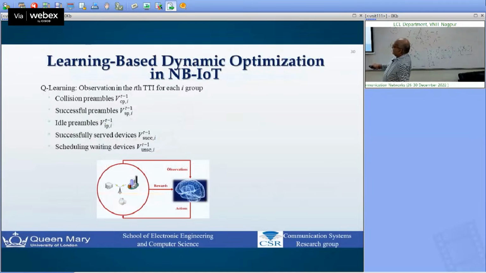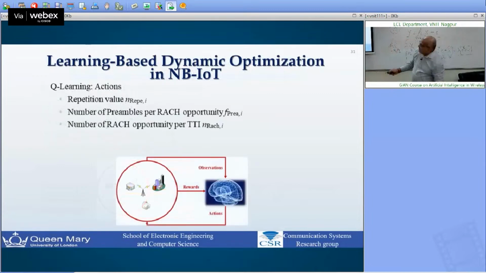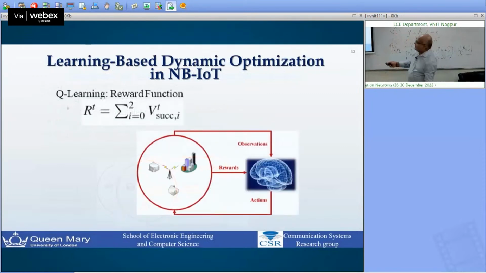That means we forget about the random access control; we take 9 agents and select 9 parameters such that the reward will be maximized. So now the Q-learning action: for each region, taking these 3 parameters, a total of 9 parameters, such that the reward of successfully served devices within these 3 regions will be maximized here.